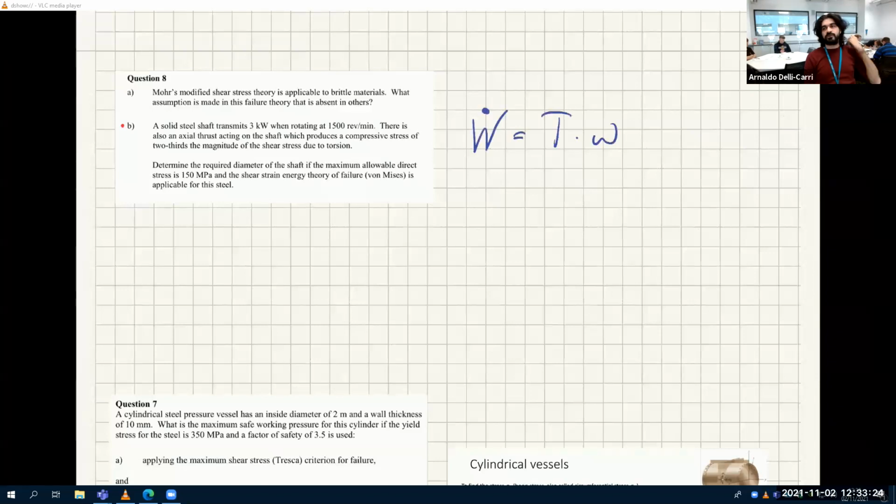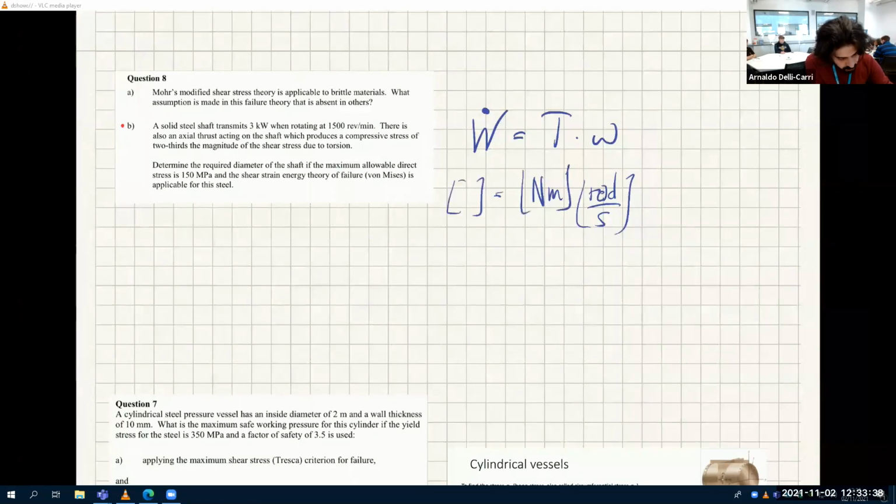Torque is in Newton meters. Angular velocity is in radians per second. And this gives watts. Newton times meters per second is power, which is energy over time.